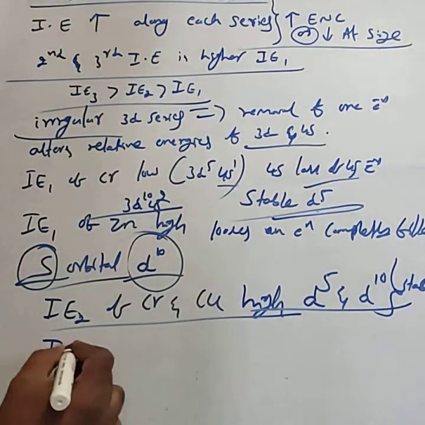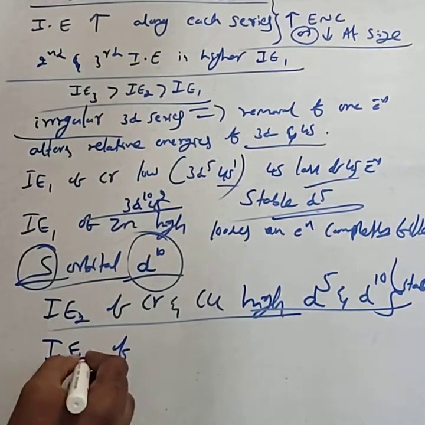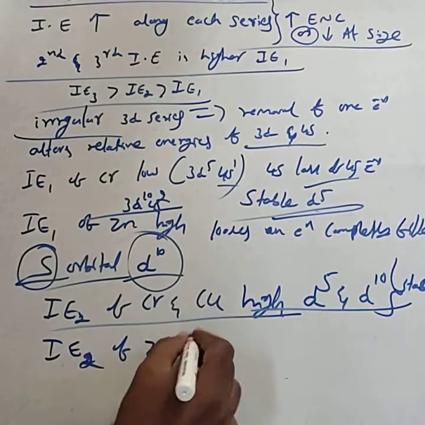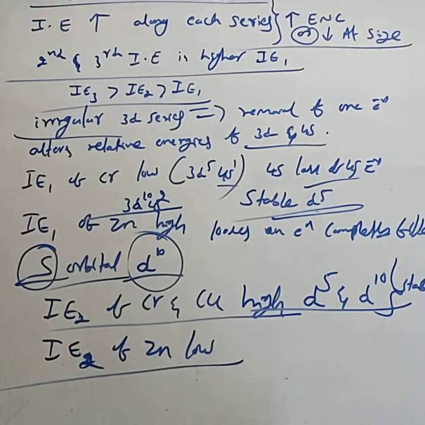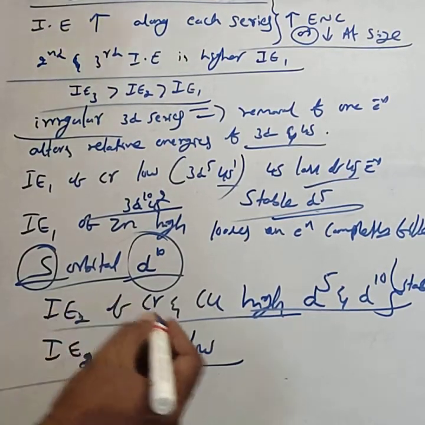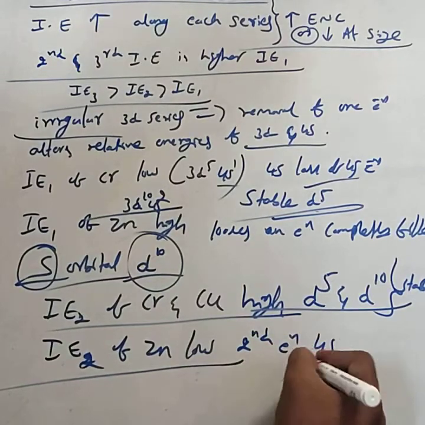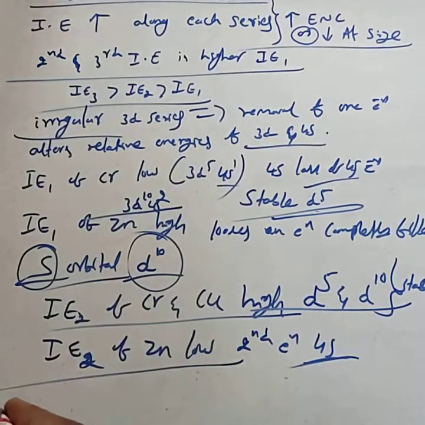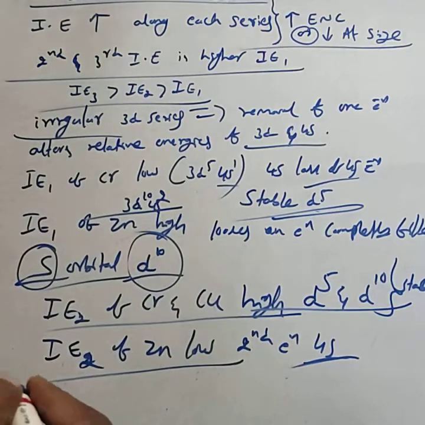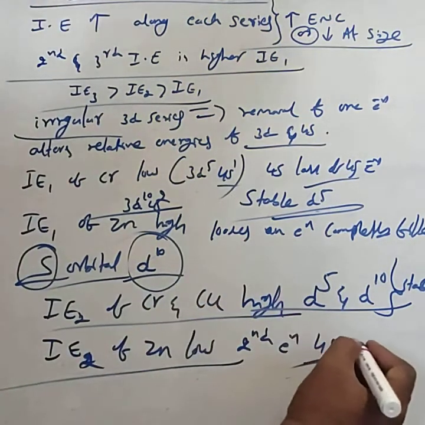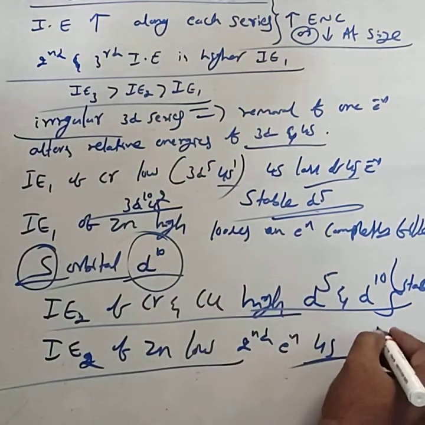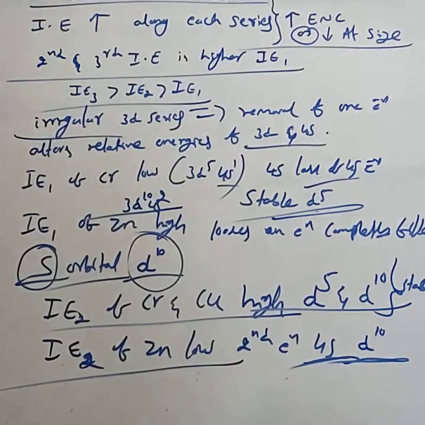IE2 of zinc is low. If you take zinc, IE2 of zinc is low because removal of the second electron from the 4s orbital is easier, because it attains the stable d10 configuration.